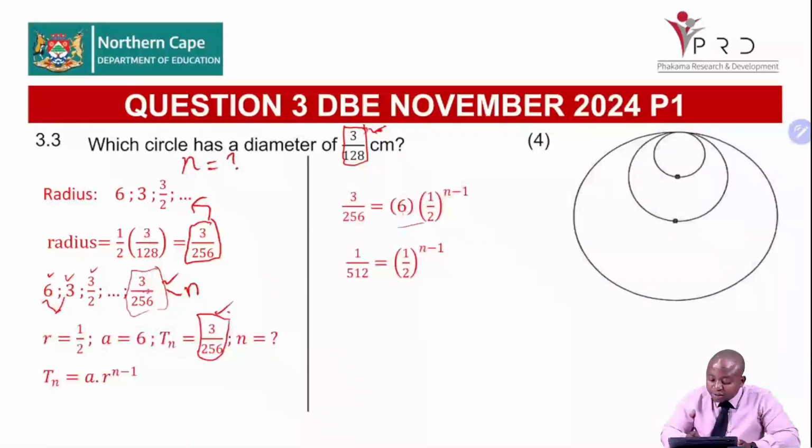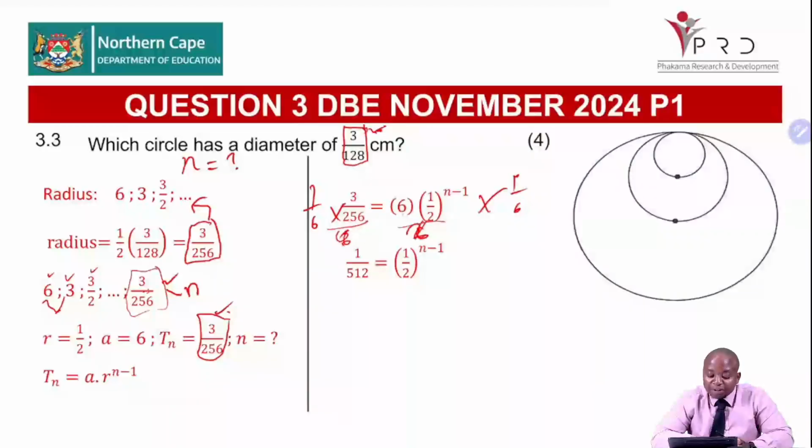Then I can divide by 6 on both sides. Or I can just say, let us just multiply by 1 over 6. Multiply by 1 over 6. Then on my left hand side, I get 1 over 6 times 3 over 256. I get 1 over 512. It is equal to 1 over 2 all raised to the power n minus 1. Then what do I do from here?